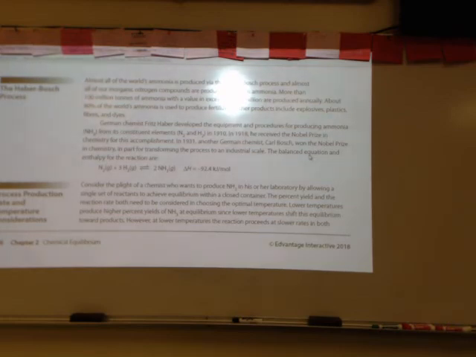You should read the process, production rate, and temperature considerations for the Haber-Bosch process. To sum it up for you, lower temperatures actually produce a higher percent yield, but at a lower rate. And they use a catalyst to increase the rate at lower temperatures.